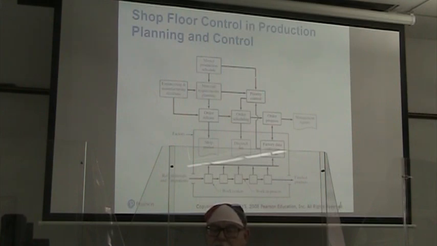The master production schedule also goes into priority control. If we know an order can be delayed, then we can put another order in front of it that is more urgent. All of that goes into our order release.